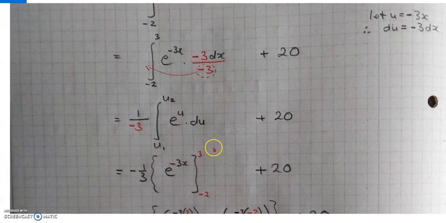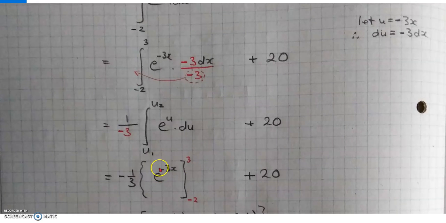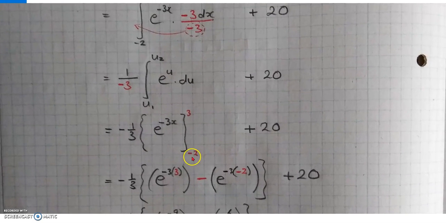So we've got e to the minus 3x coming out. And now we've got our limits, minus 2 and 3, to substitute in. You will notice that I put these squiggly brackets here because this minus 1/3 is going to multiply everything that happens when we do the substitution of the limits. You'll see that here. There it is.